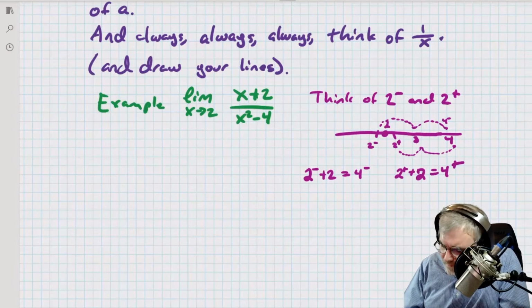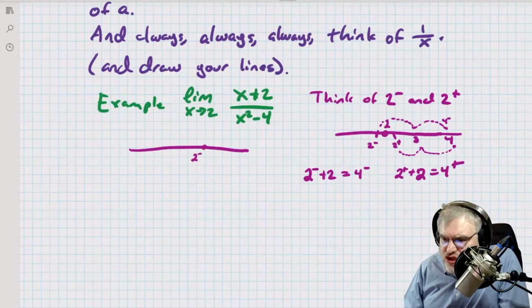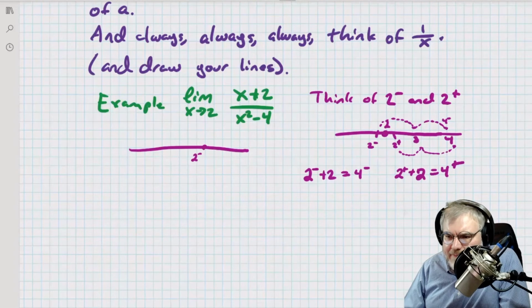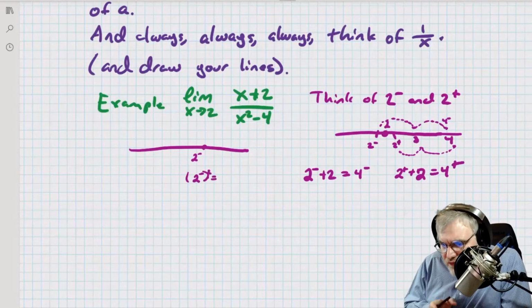Now, let's do it again, but let's do it for this x squared minus 4 bit. Okay? If I'm at 2 left and I square, where do I wind up? Well, I'm just to the left of 2, correct?